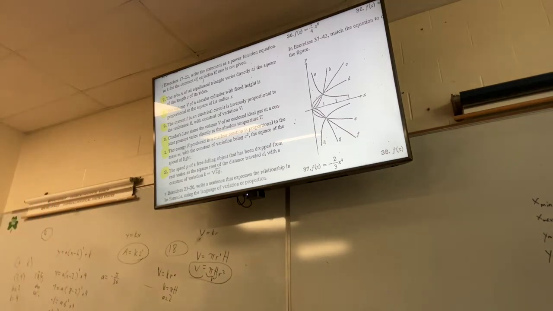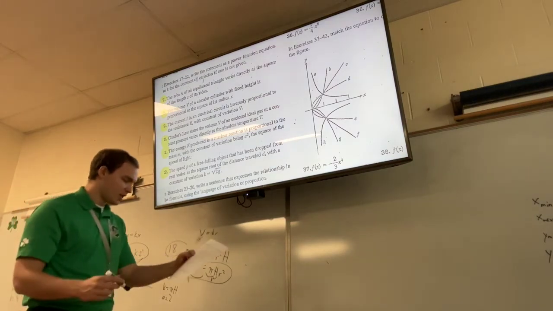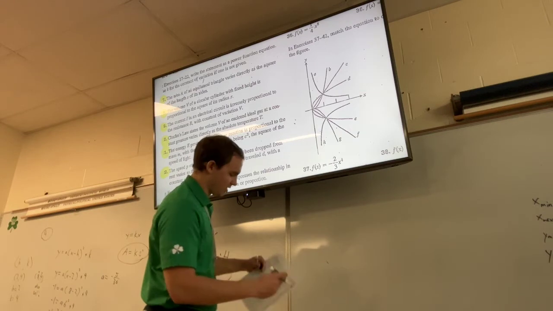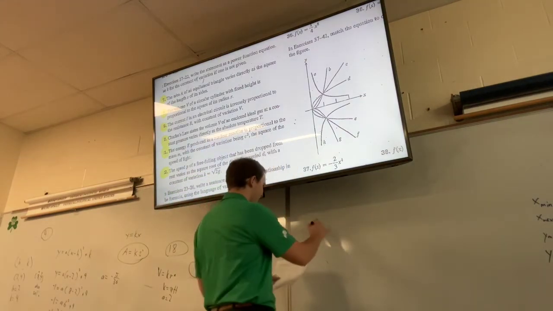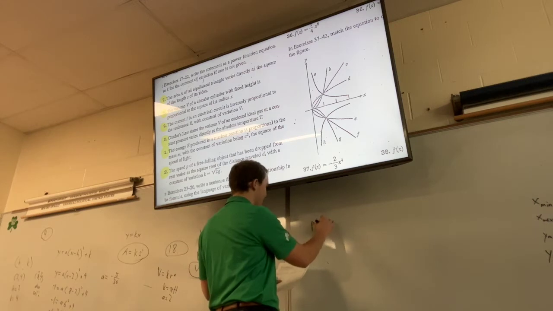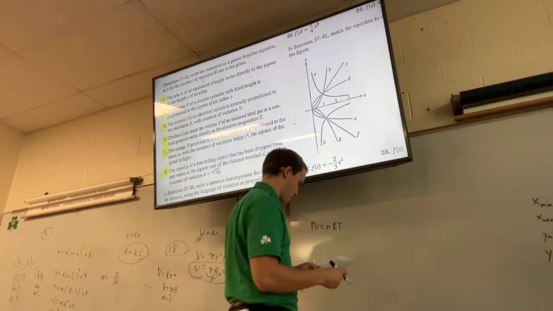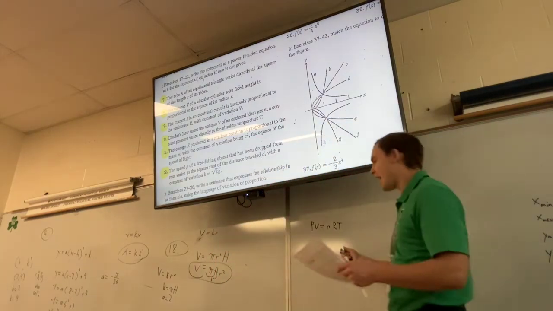Charles' law states that the volume of an enclosed ideal gas at a constant pressure varies directly as the absolute temperature T. What's that again? Was that PV equals nRT? Yeah, that's the ideal gas law.